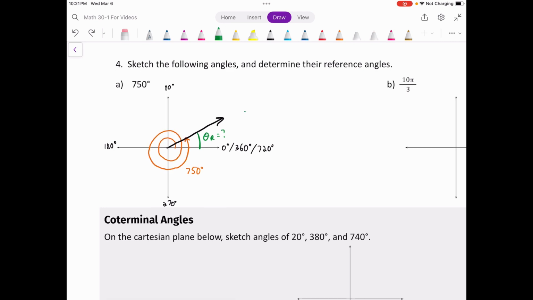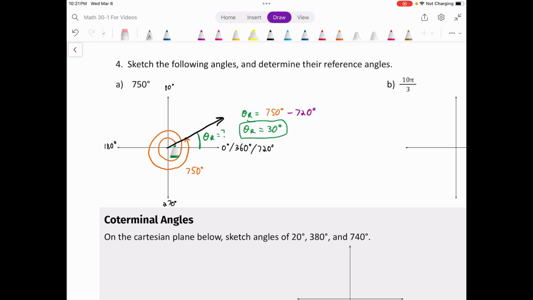So we can see that our reference angle is just going to be, we need to take 750, that orange angle, our overall angle, whoop, cat is meowing, and subtract off the 2 full rotations we did before, and we can see that our reference angle is 30 degrees, which checks out because remember what we said.